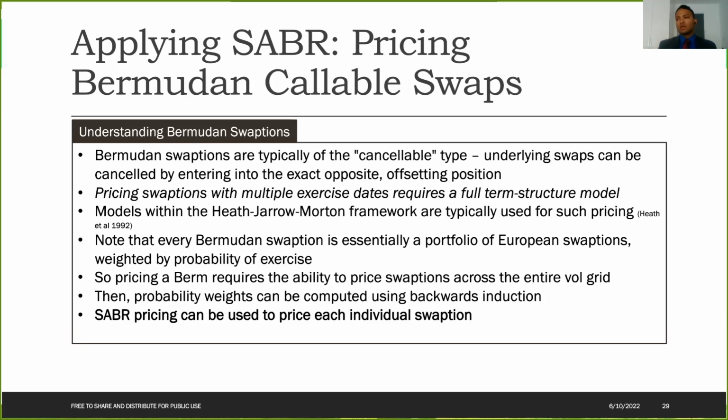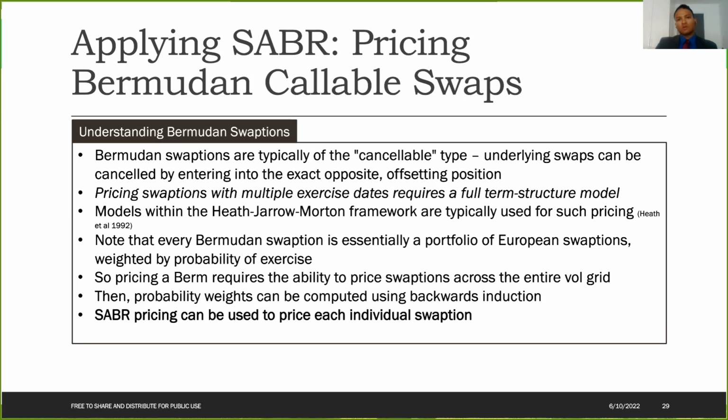What do I mean by that? If you take a 5-year Bermudan option, callable every 3 months, that means that in order to price this Bermudan, you have to figure out the 5-year rate 3 months from now, the 5-year rate 6 months from now, the 5-year rate 9 months from now, the 5-year rate 12 months from now, and so on and so forth.